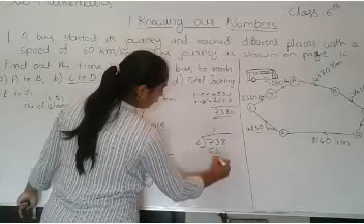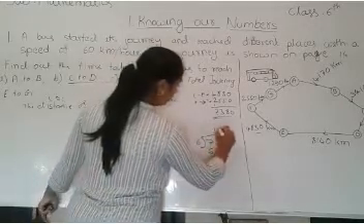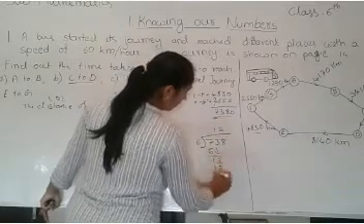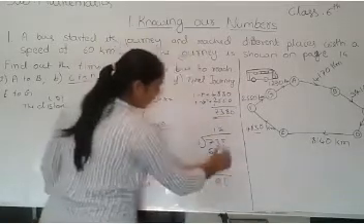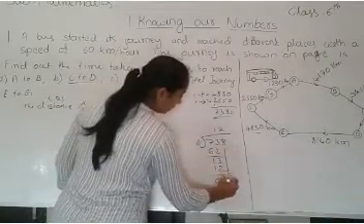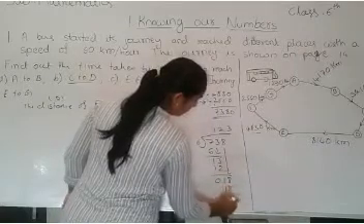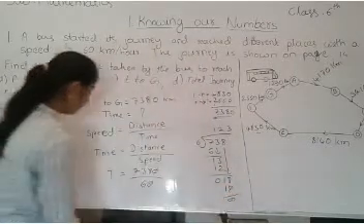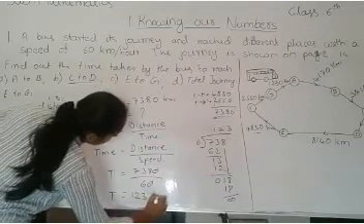Then take this value here. 6 2s are 12. 3 minus 2 is 1. 1 minus 1 is 0. We have to take this value here. 6 3s are 18. Time is 123 hours.